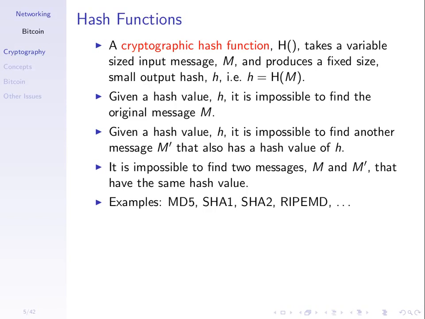If you know the hash value h, you won't be able to find the message m. That's this one-way function property. If I give you the hash value but say nothing about the message, it'll take you forever, so practically impossible to find the original message. But if I give you the message, it's easy to calculate the hash value. Easy going in one direction, hard going the other direction.